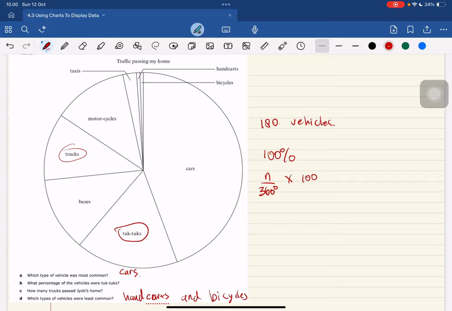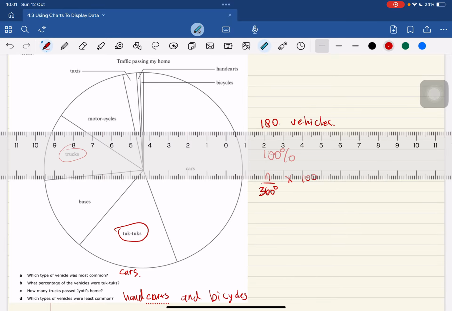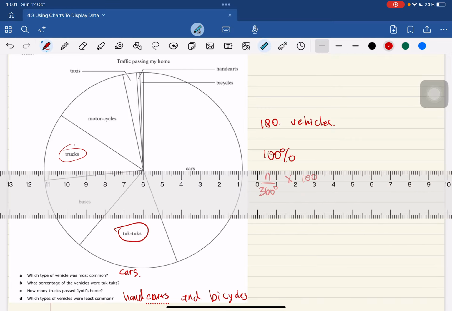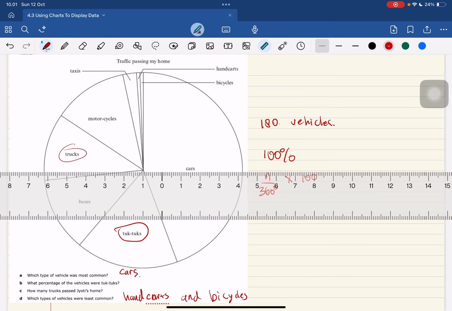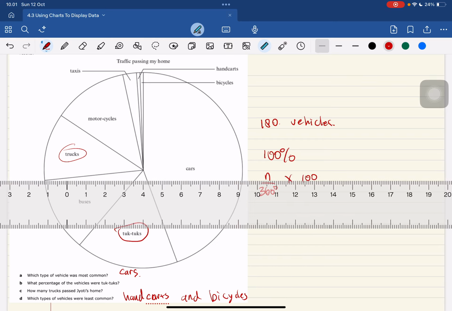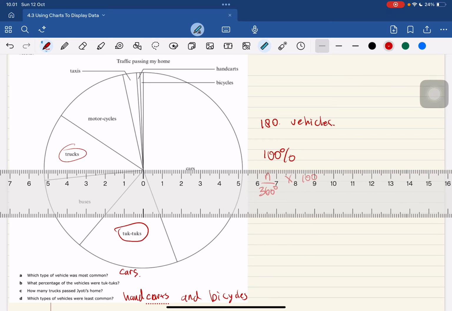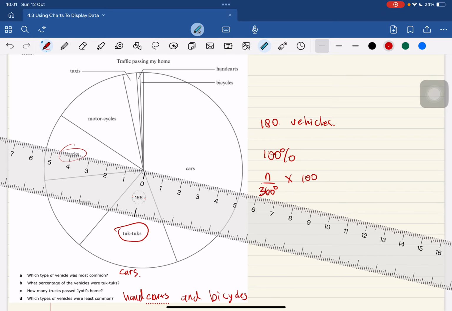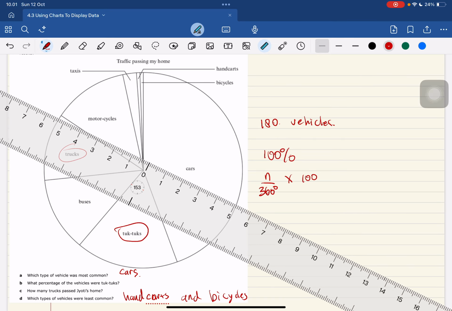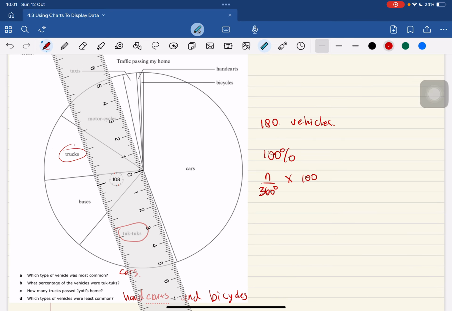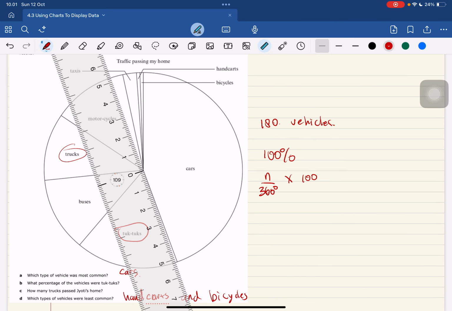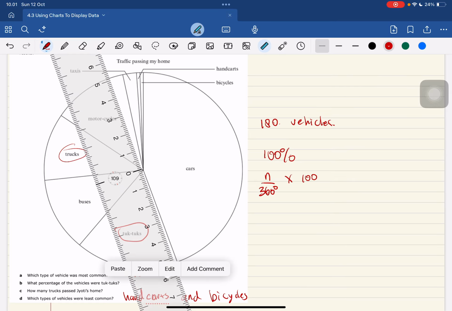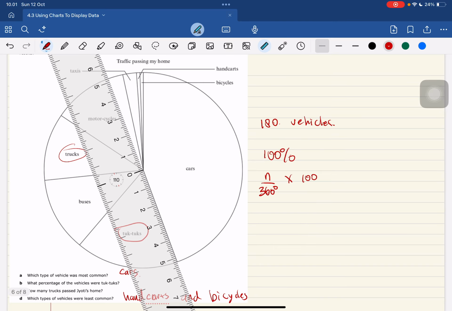So here we don't know yet the angle, but we can find it out from here. Okay, this is the 0. What is the angle? Where is 0? Okay, from here.